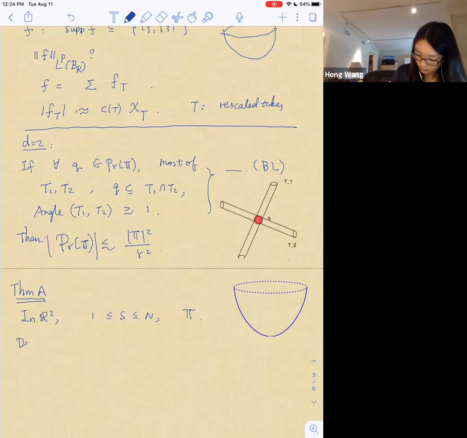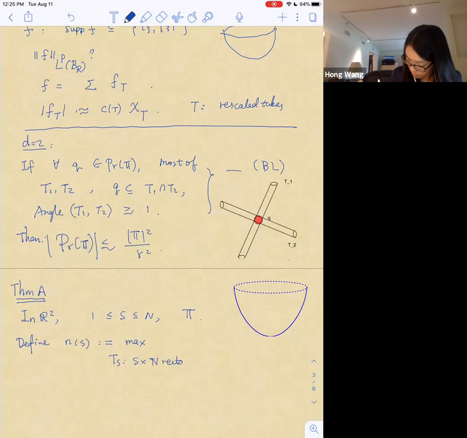Then we define NS as the maximum number of tubes in T that are contained in an S times n rectangle.